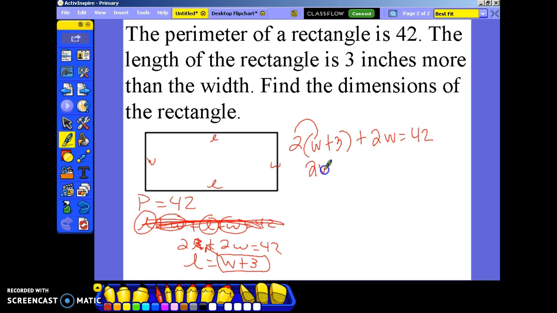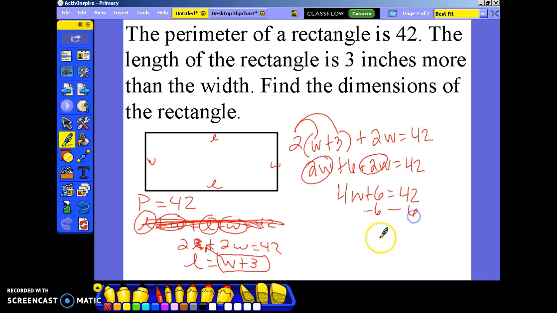2 times W is 2W. 2 times 3 is 6. Bring everything else down. 2W plus 2W is 4W. When I subtract 6 from both sides, 4W equals 36.